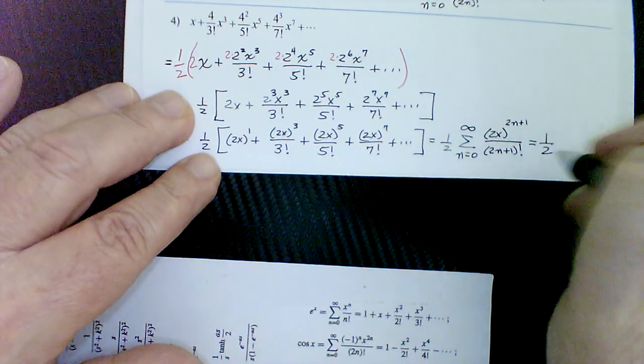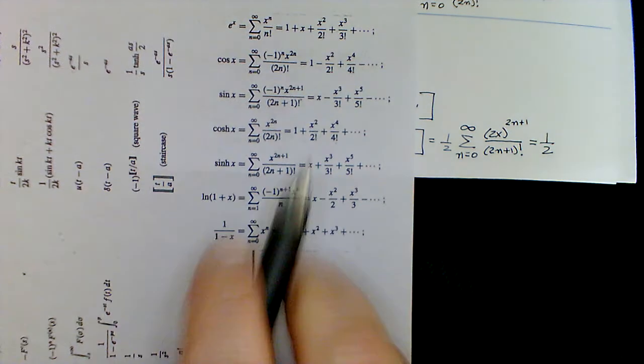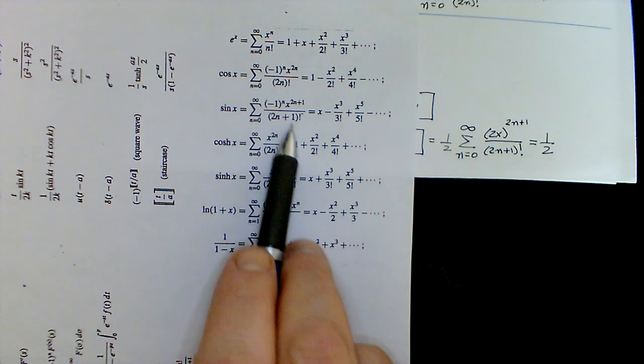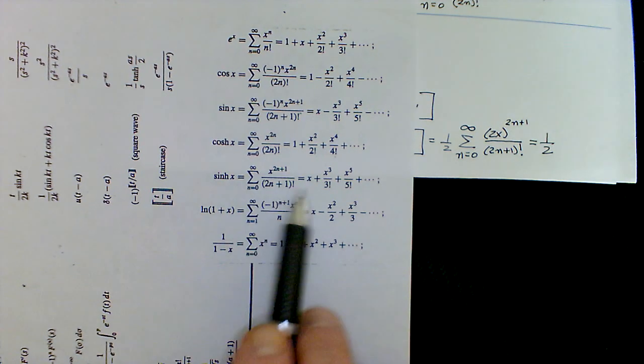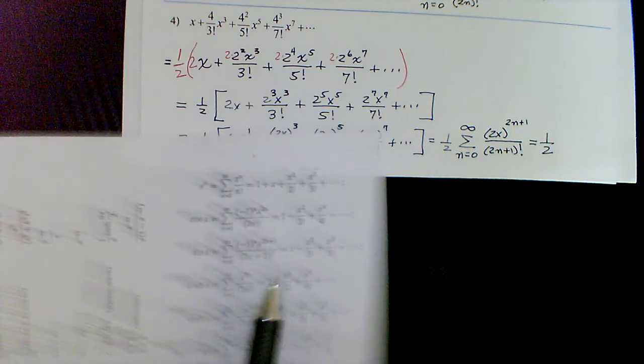So that's 1/2 times, now the elementary function, let's go back. We were looking at the hyperbolic sine, it was, right? That matched everything. Here, let me slide this under here so we can line it up and see it.